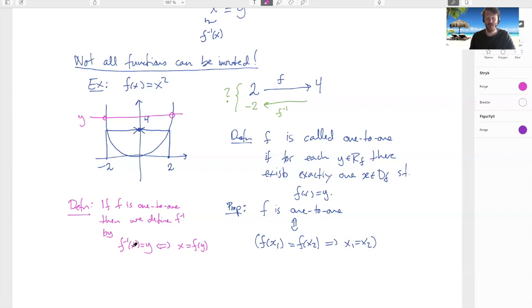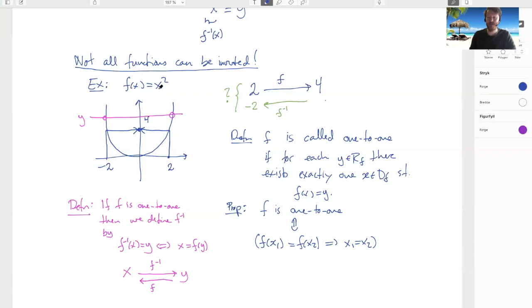Who should f inverse send x to? Well, f inverse should send x to the y, which is such that f sends y to x. So we can write it like this. x is being sent to y by f inverse if and only if y is being sent back to x. Exactly the drawing we have up here, except I switched the roles of f inverse and f, which is just about switching the labels between here and here.